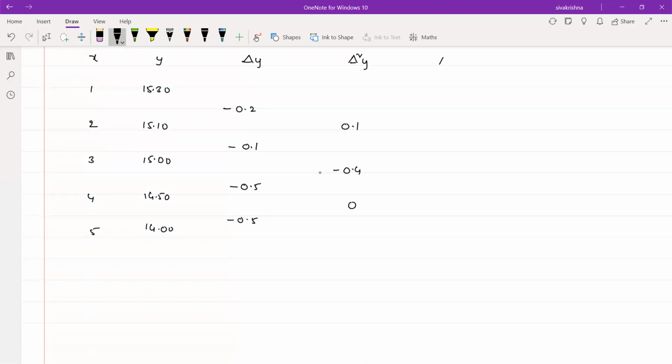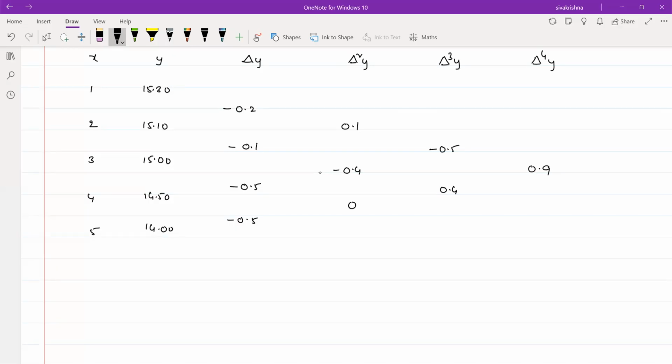Coming to the third differences, delta cube y, minus 0.4 minus 0.1 gives minus 0.5. And 0 minus of minus 0.4, that is 0 plus 0.4, gives 0.4. And finally, the fourth difference: 0.4 minus of minus 0.5 gives 0.9.